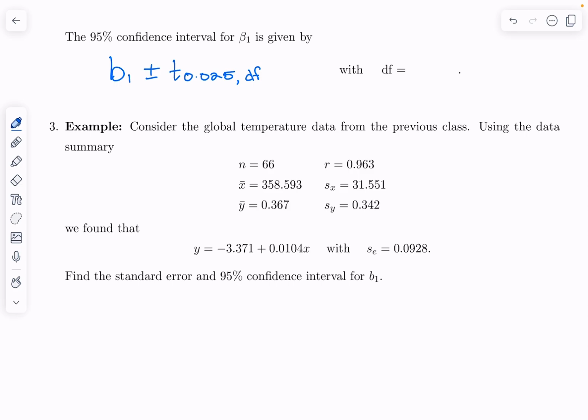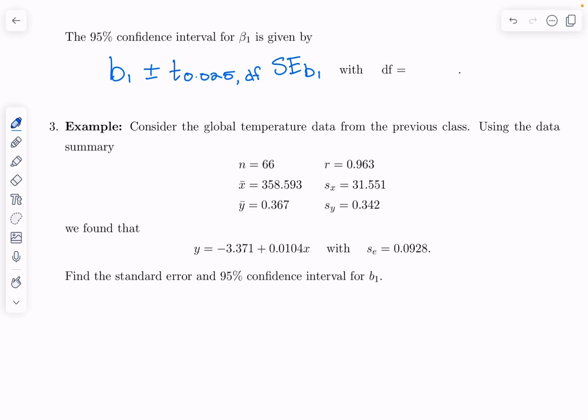And we're going to use a t-value because we're going to assume that we're in a context that's very much like when we were dealing with comparing means. And so we have a normal distribution of our sample means. In this case, we have a normal distribution around our regression line. And we multiply that t by our standard error of b1.